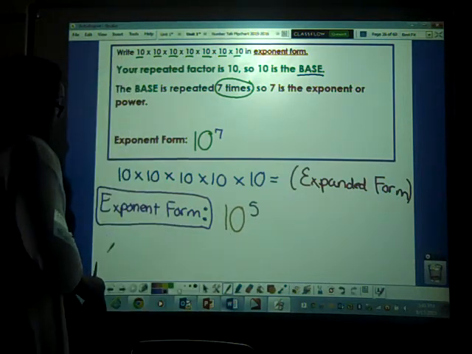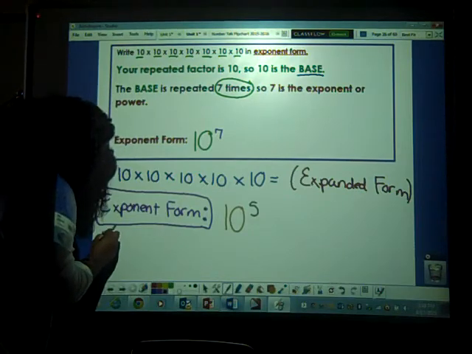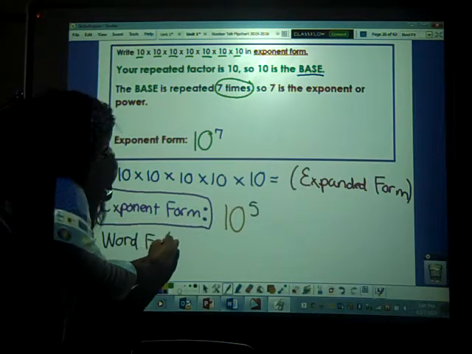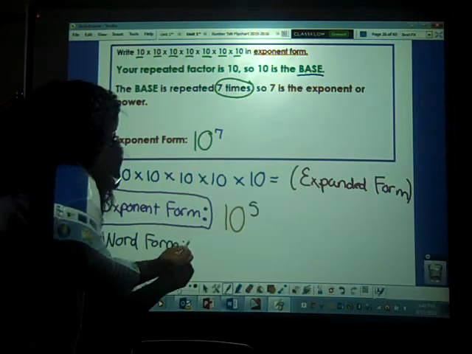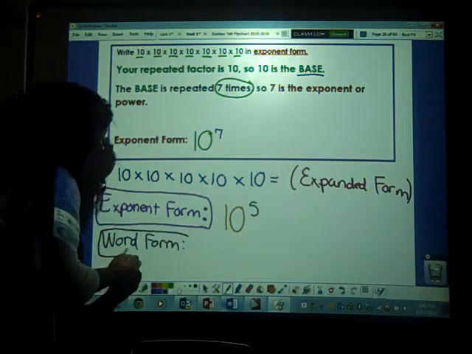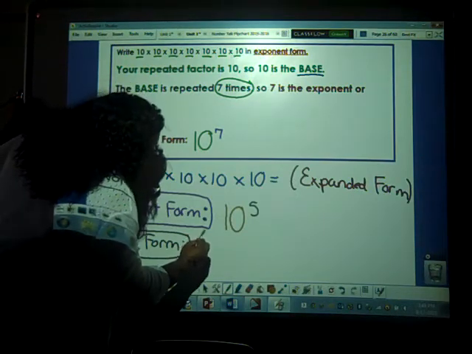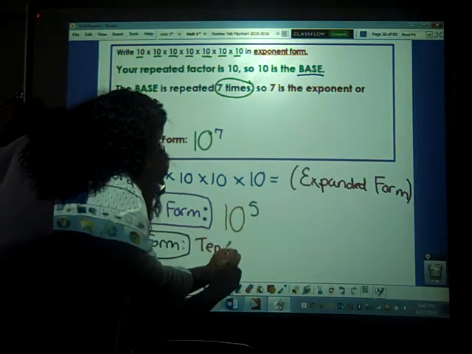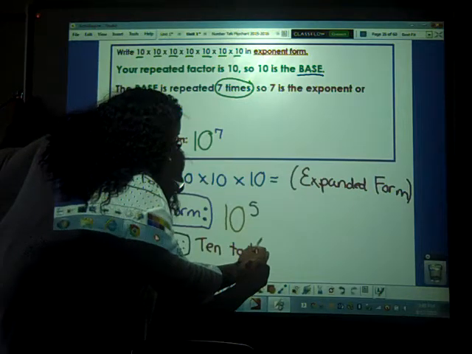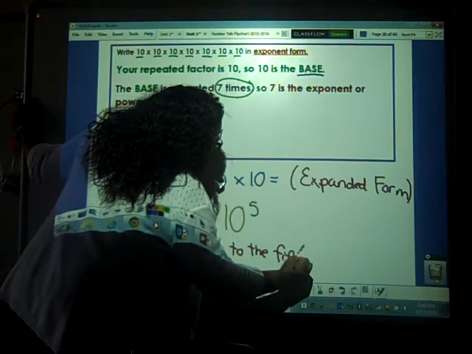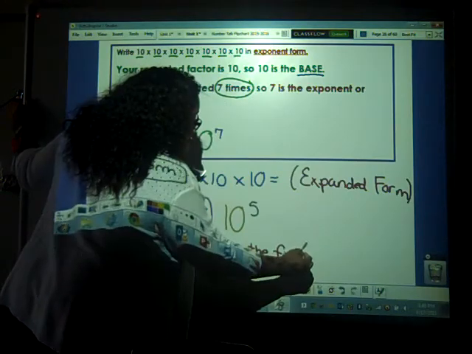Now, if I wanted to write it in word form, I would say 10 to the 5th. Excuse my handwriting.